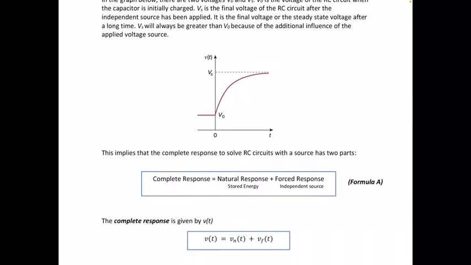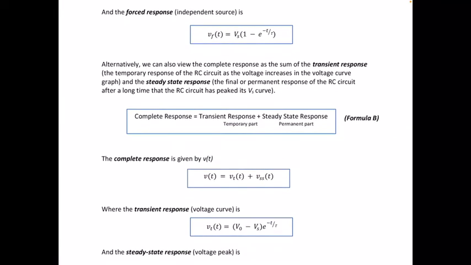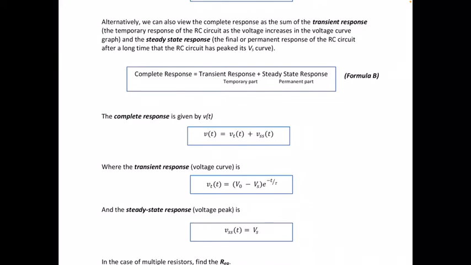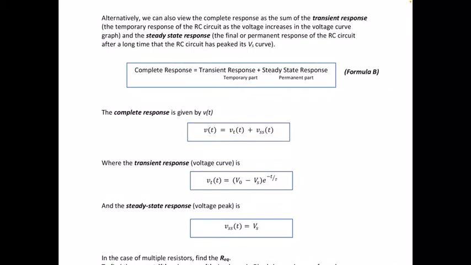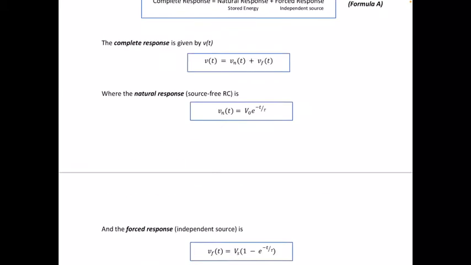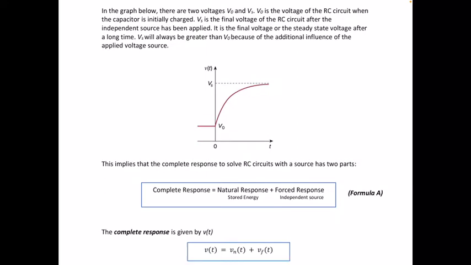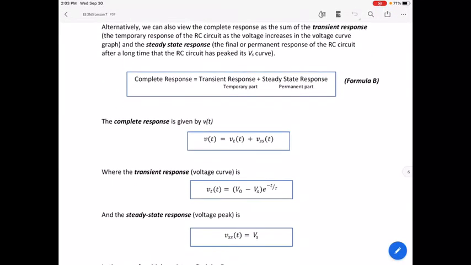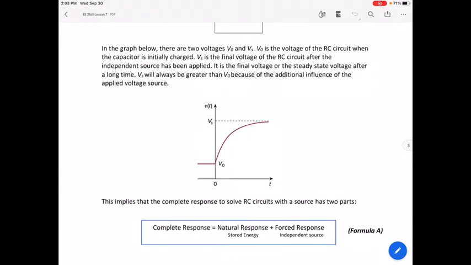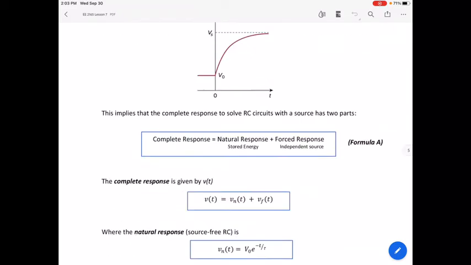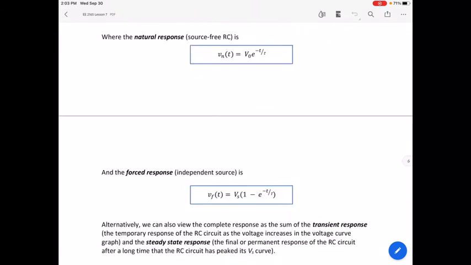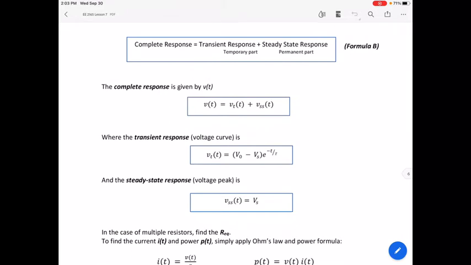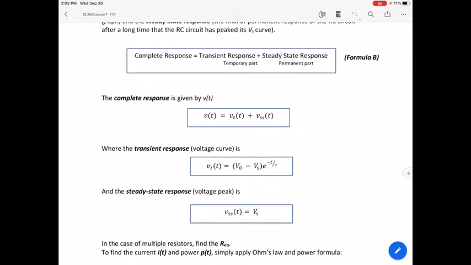The curve part is our transient response, and this is given by (V0 minus Vs) times e to the power of negative t over tau, and our steady state response is our voltage peak, the Vs. So our steady state voltage, or Vss, is practically equal to our Vs in this graph. That's the final voltage. It cannot go higher or lower than that. It flattens out. So these are your given formulas.